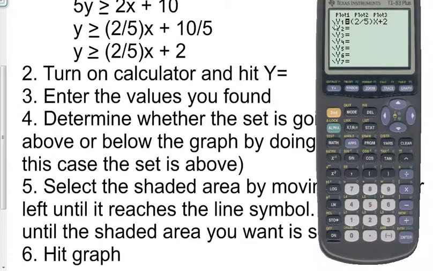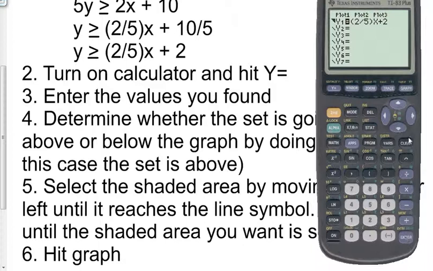So here's my line symbol. So I'm going to move my cursor left, and then I'm going to hit enter until it gives me above. Oh, there we go. I can see that this is going to be above the line. If I wanted below the line, I would just hit enter again, and that gives me below the line. So I'm going to find above again.